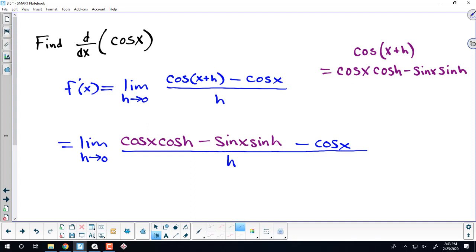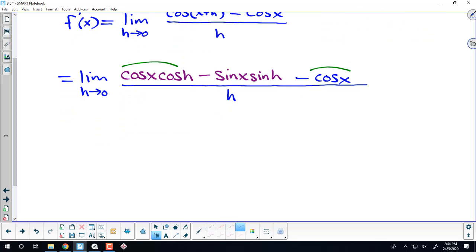What that allows us to do is have things in terms of sines and cosines, not sines and cosines of something plus something else. And then we can factor out a cosine x from these two terms.